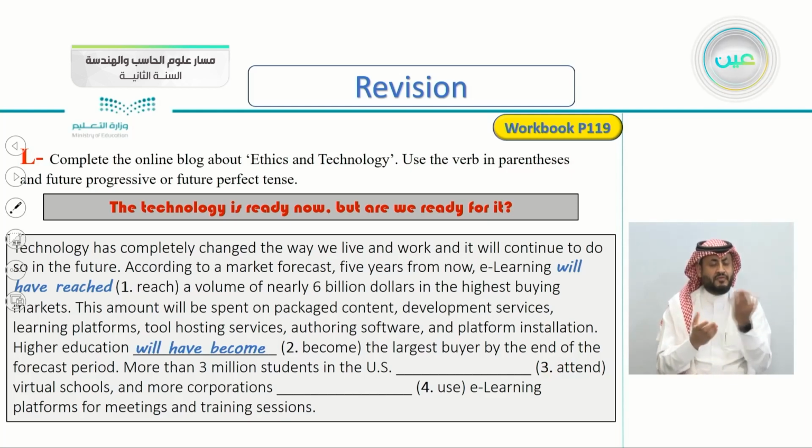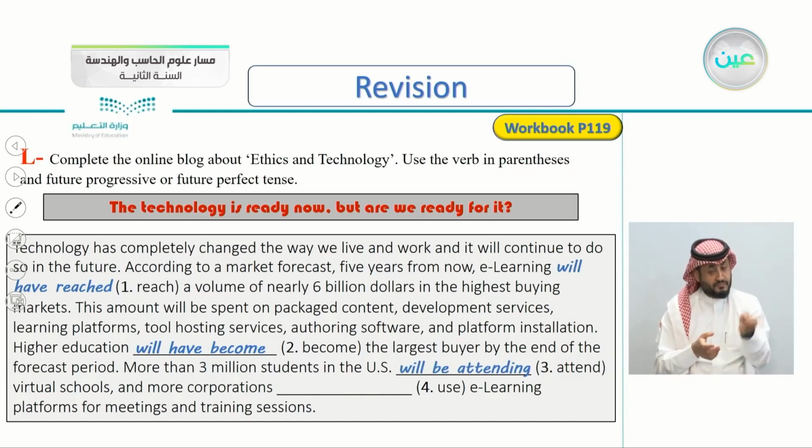So the correct answer here is will be attending. So we chose here the future progressive. The future progressive, will be attending virtual schools, because we're talking about something that will be in progress in the future. We're not talking about two events.